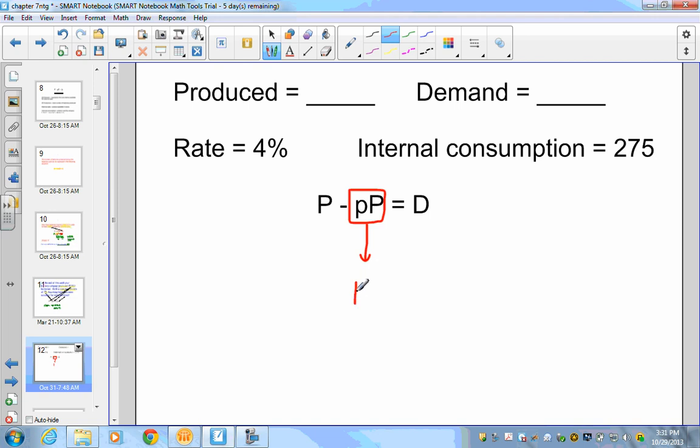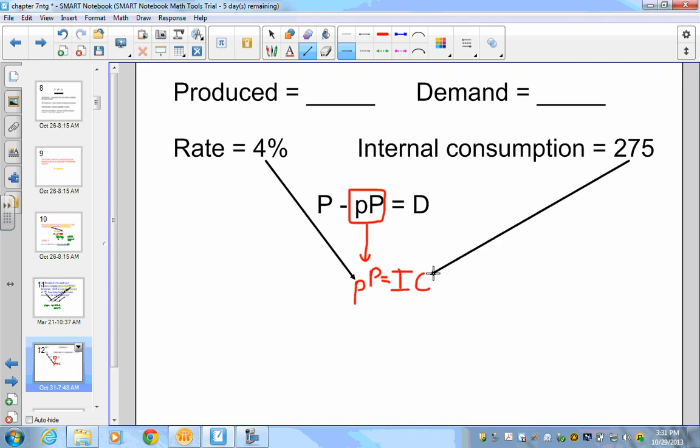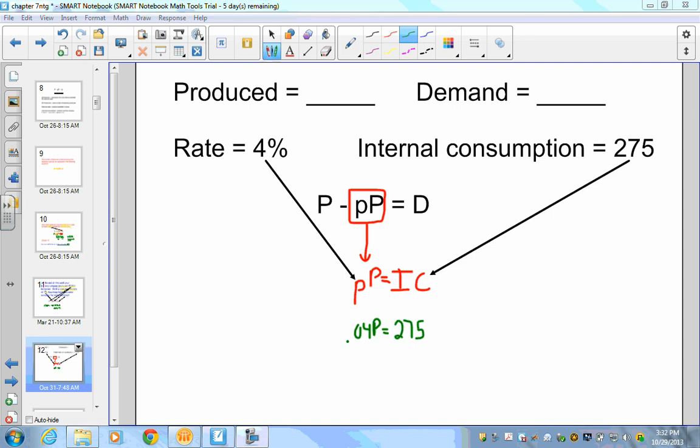And we are going to now do little p times big P is equal to IC, which IC stands for the internal consumption. So now with this information here, we're going to take this 4%, we're going to put it right here. We're going to take this internal consumption, put it right here. So this way we're going to be able to figure out our total production.